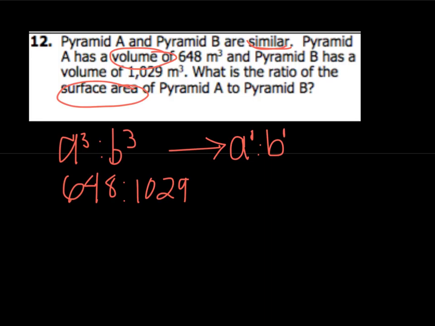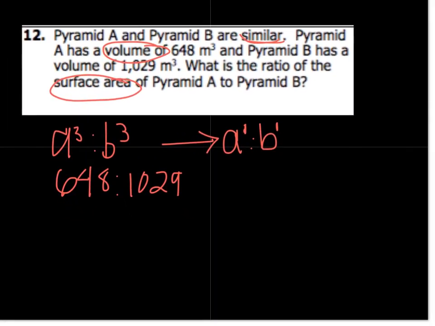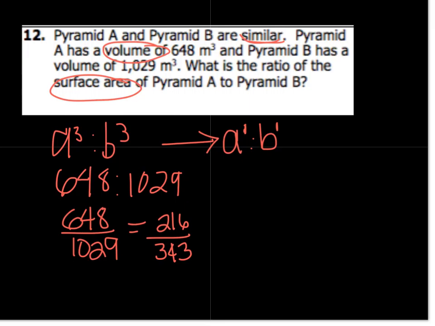What we want to do is we want to go back to the first power. But first we have to see if this simplifies. So let's check it out. So this simplifies to 216 over 343. That's why it's very important that whatever you're given, you try to simplify first.